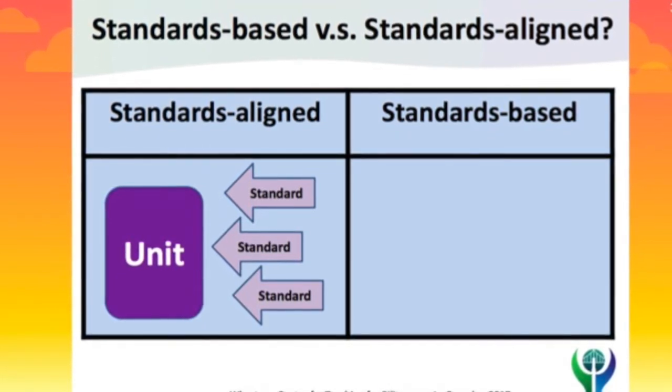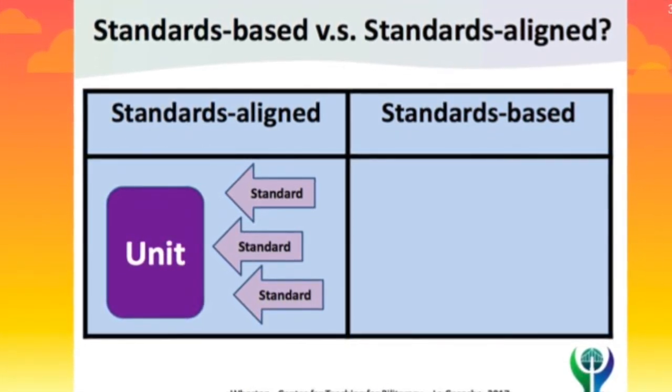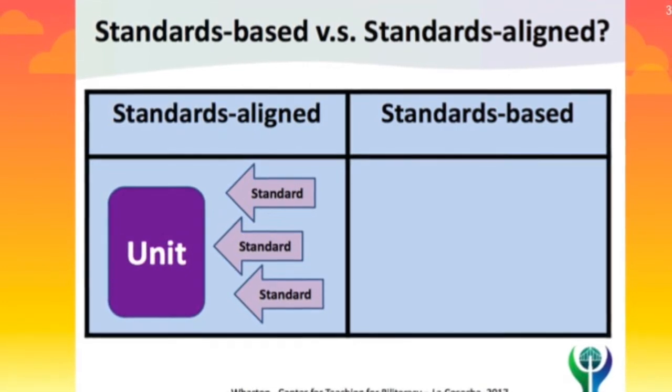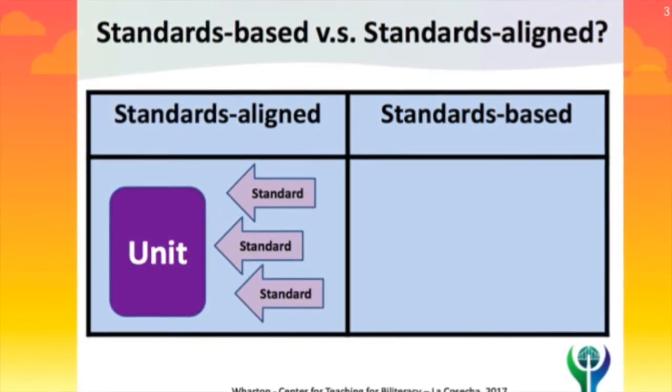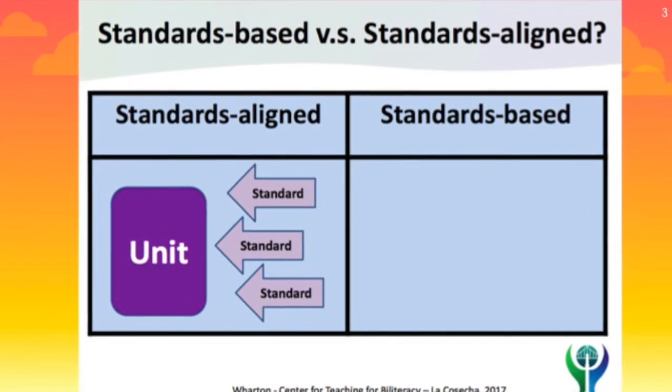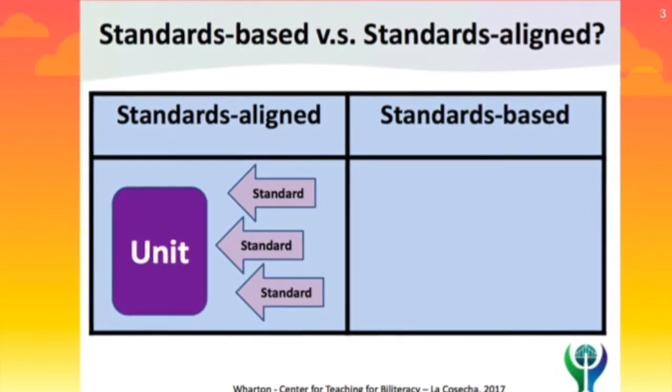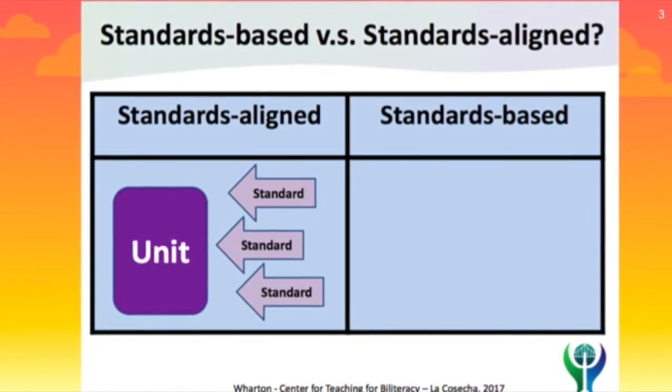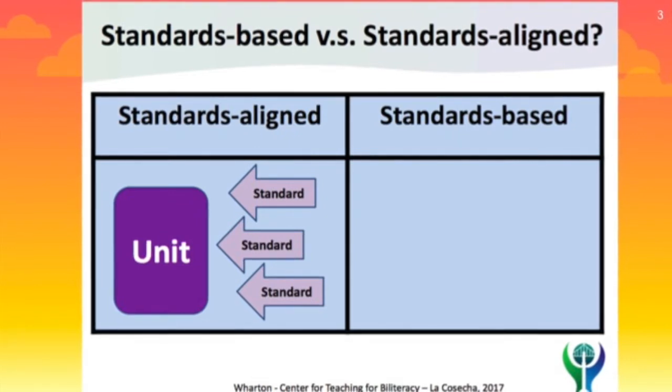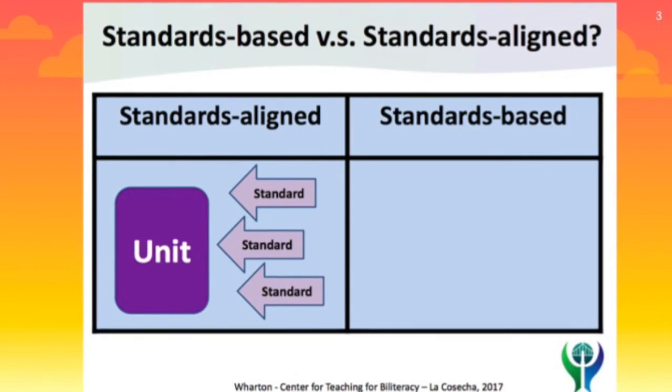So we're going to think about what do these standards mean, what skills and demands do students need to fulfill, what teaching moves are going to ensure that our students are able to fulfill the demands of the writing genre, and then finally, how are we going to assess it? So we're really going to look at curriculum and instruction a little bit differently than we have in the past.